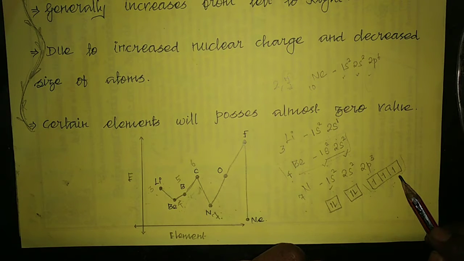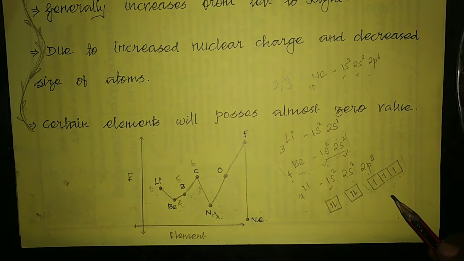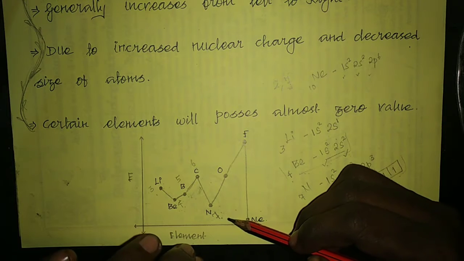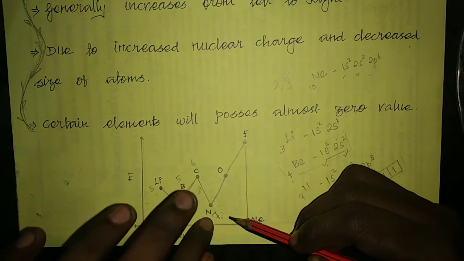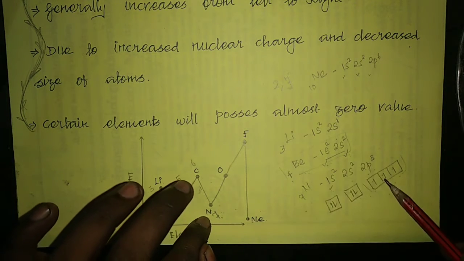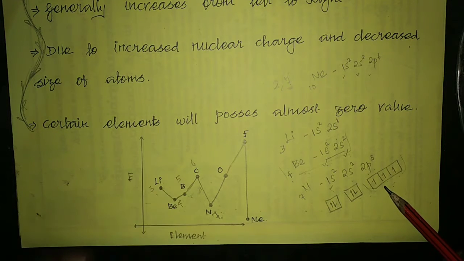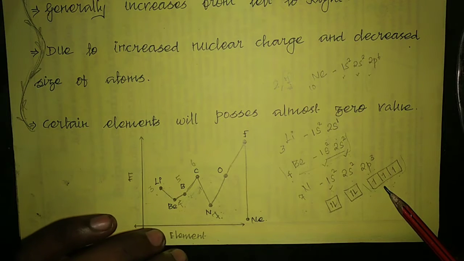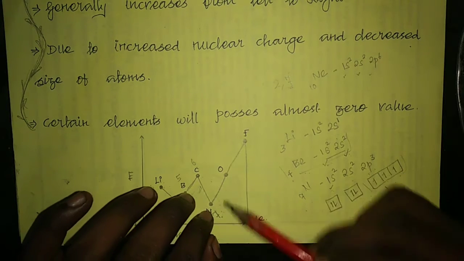And you know that when an atom possesses either half filled or completely filled electronic configuration, it will be considered a stable one. So nitrogen is stable, so it shows poor electron affinity towards the extra electron. Therefore, nitrogen has lesser electron affinity than carbon even though it has higher nuclear charge. Even though the nuclear charge is higher, due to the half filled electronic configuration it shows lesser electron affinity, which means it shows poor attraction towards the electron. Then come to oxygen.